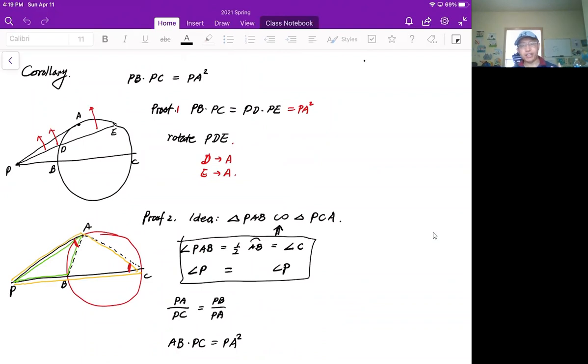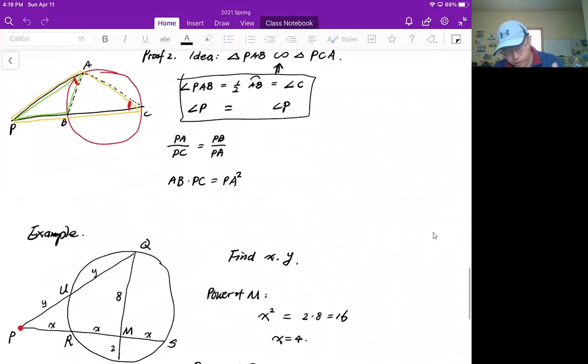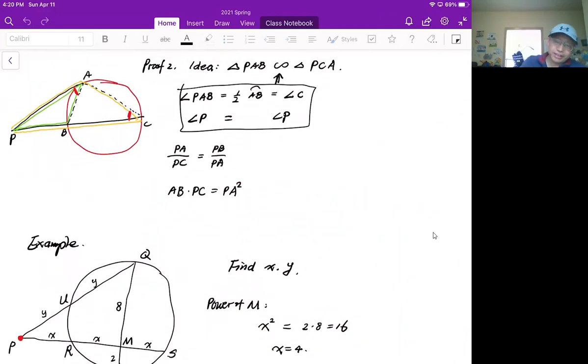When you get a tangent line, PD and PE are both the same as PA. So PB times PC is equal to PA squared. You can prove this directly by using similar triangles. I want to give everyone maybe half a minute to see why this works.